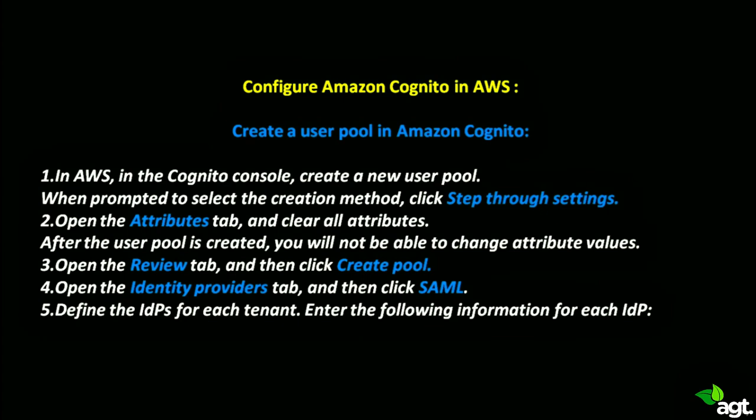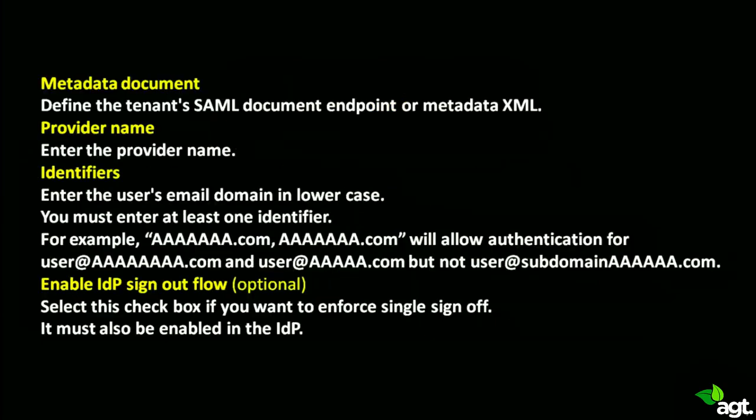Open the review tab and click create pool. Open the identity providers tab, click SAML, and define the IDPs for each tenant. Enter the following information for each IDP: for metadata document, define the tenant's SAML document endpoint or metadata XML; for provider name, enter the provider name; for identifiers, enter the user's email and domain in lowercase.